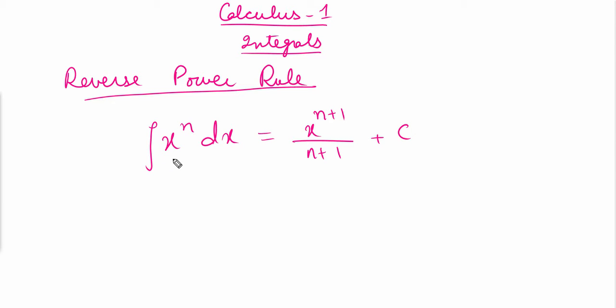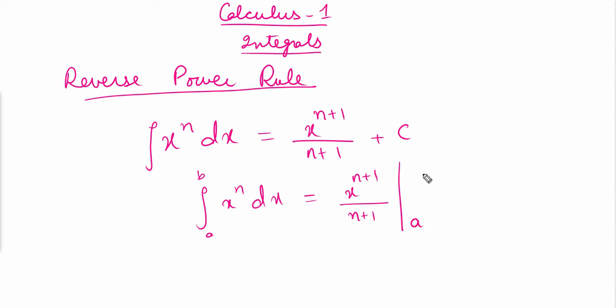So let's suppose it is a definite integral from a to b, then we will just put the limits. I'll write it here: integral from a to b of x to the power of n dx. It would become x to the power of n plus 1, whole divided by n plus 1, and the limit is from a to b.